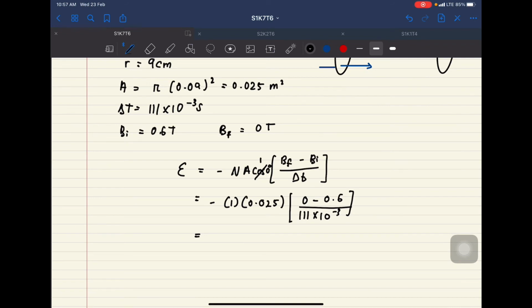So that one becomes positive. And I got here 0.135. Okay, the unit would be in volt. So this is the value for induced EMF.